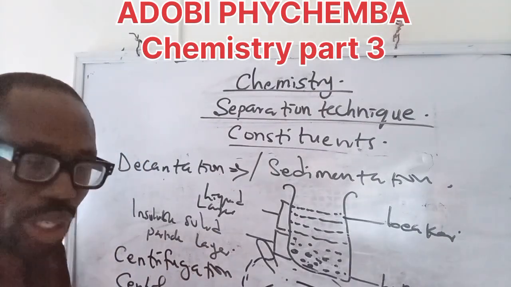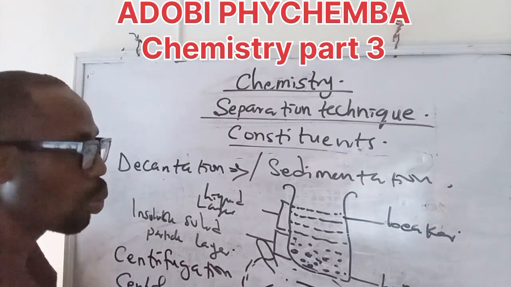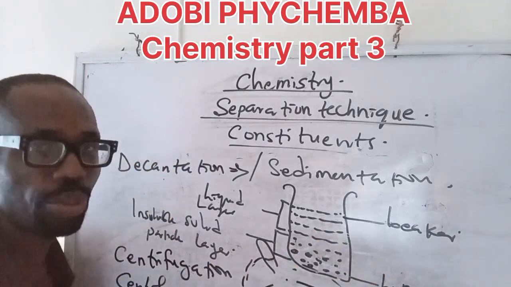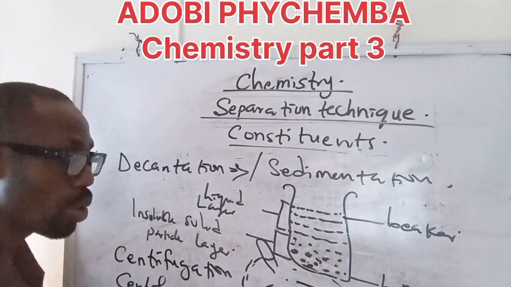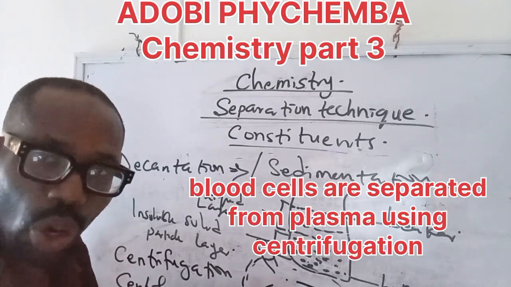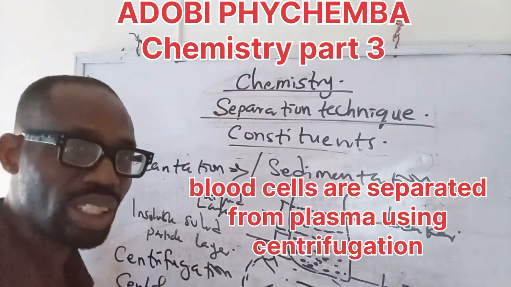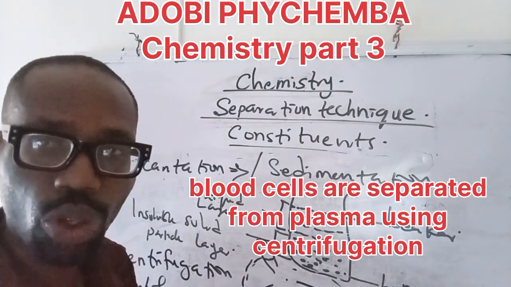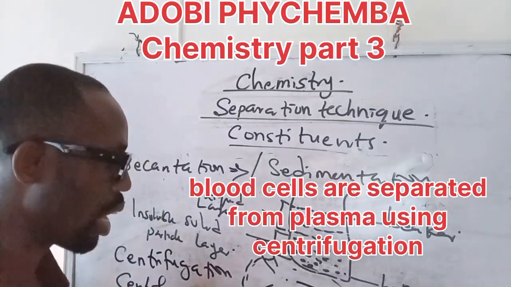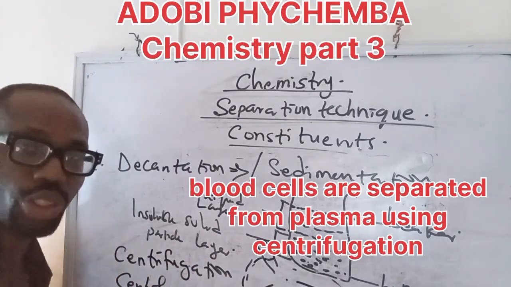The test tubes must be equal in size and the water equal in volume to create that counterbalance, so the tubes can spin and you get your result.